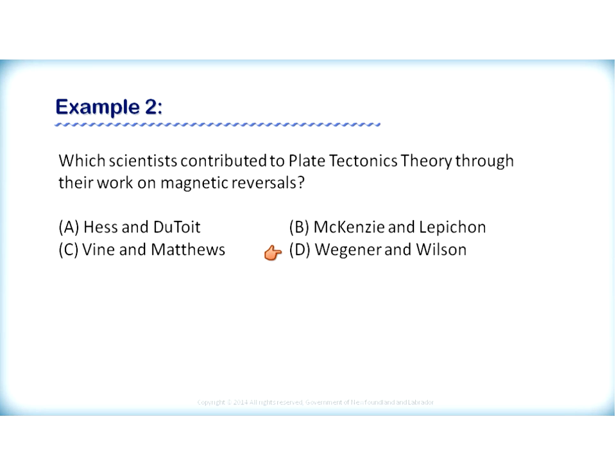Wegener and Wilson were two of the main contributors to continental drift and plate tectonics, but the evidence that supported the plate tectonic theory through magnetic reversals was put forth by Frederick Vine and Drummond Matthews. So our answer to question 2 would be C, Vine and Matthews.